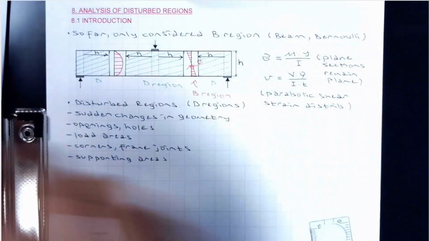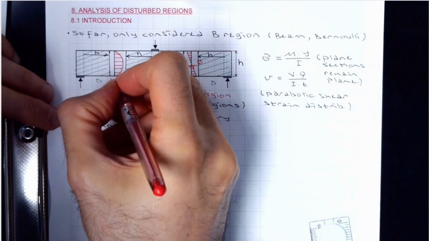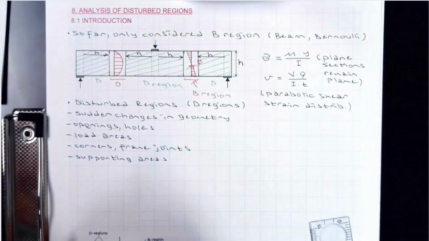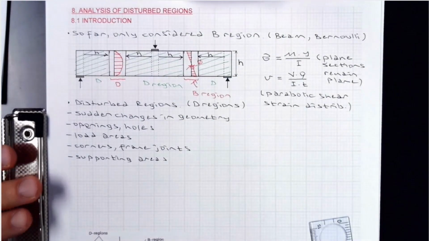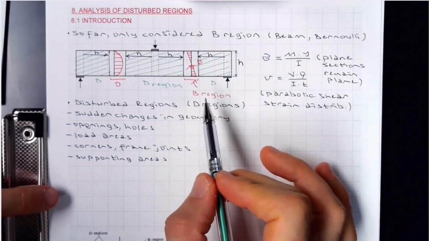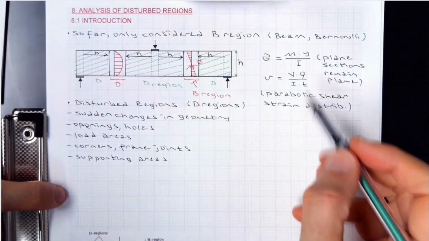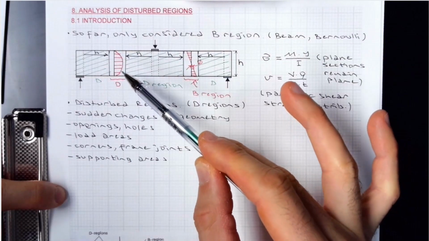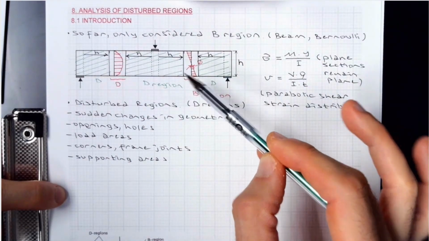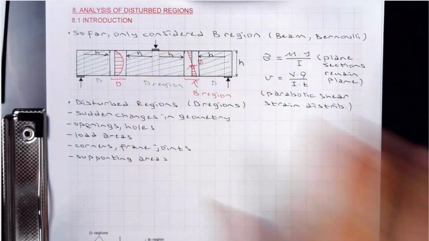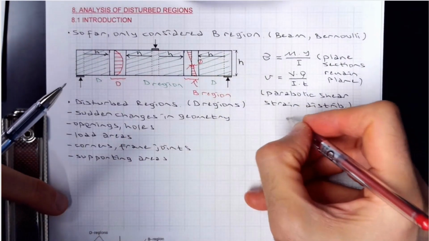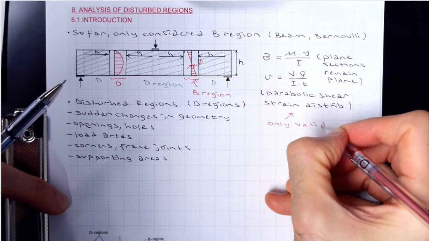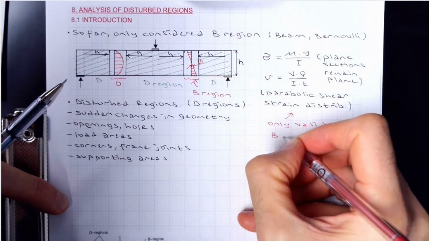This is also D region. So in terms of B region, we only have this central span as well as this one. So there's really not much in terms of B regions. The sectional analysis which you do on a daily basis is valid for these locations only. It's not valid for D regions. So these are only valid in B regions.